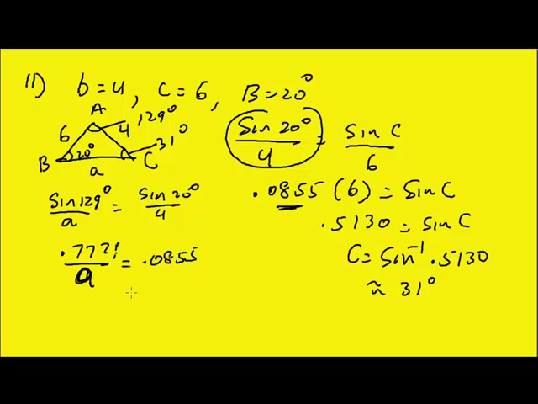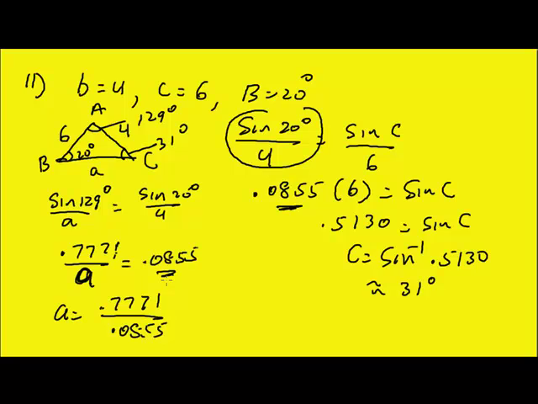Alright, so to find A, my A is equal to 0.7771 over 0.0855. So we're going to divide that by 0.0855.